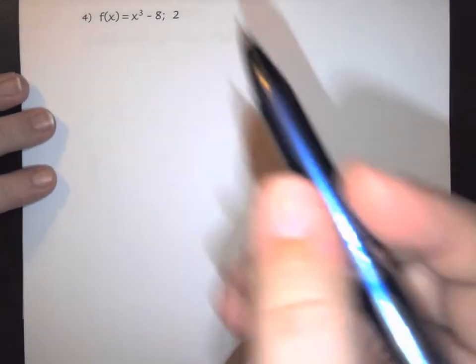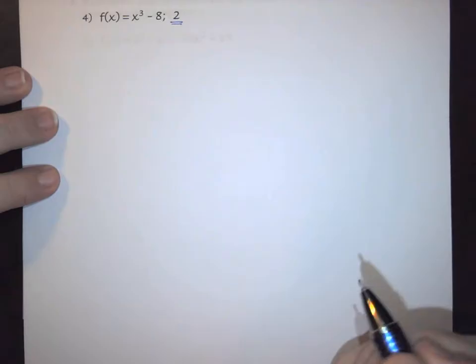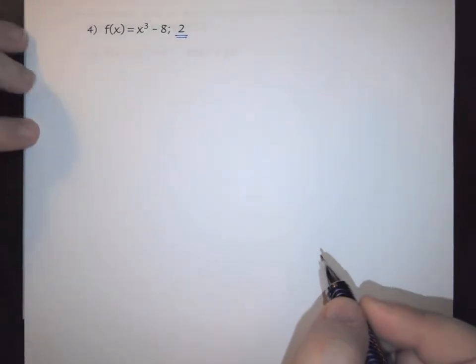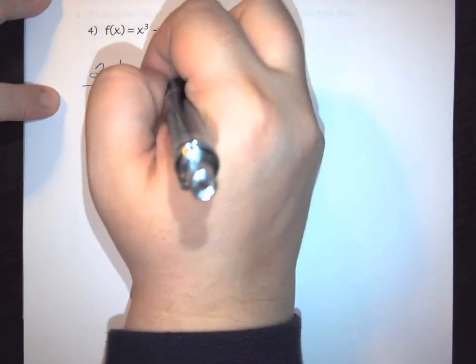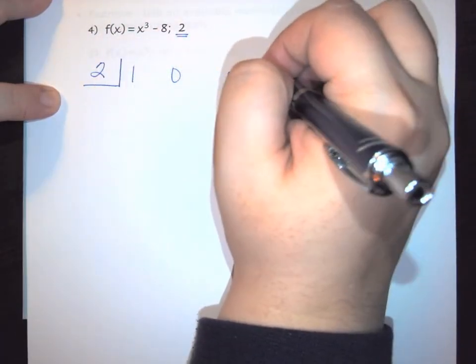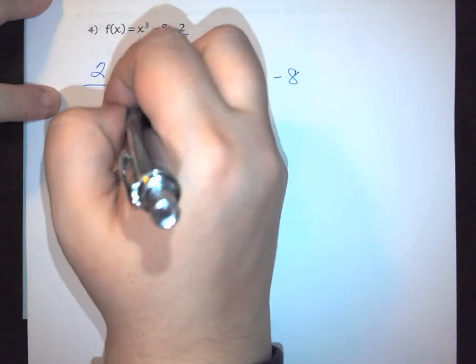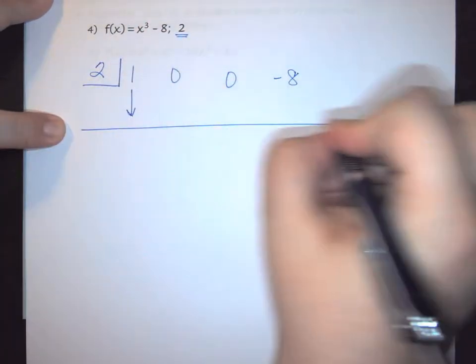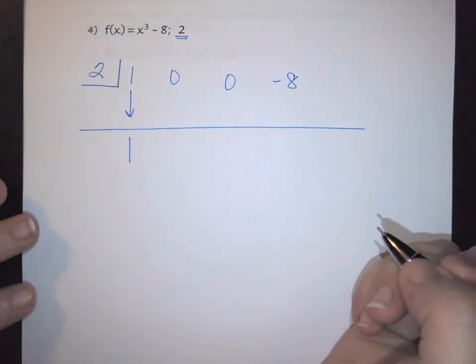Alright, so in this one, we are told that the 0 we have is a 2. Since that's the case, the first thing we would do is start with our synthetic division. We would put our 2 in the box and put our equation: 1, 0, 0, negative 8. We would bring down the 1.